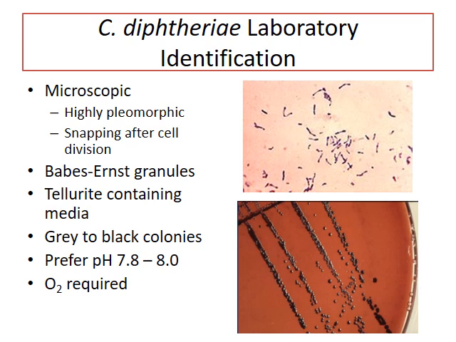It tends to jump farther apart. Some of the things that you're going to see are the Babes-Ernst granules, which are highly staining. They're not spores, but it tends to look a little bit like a spore at the end, okay? And you still get the palisading where they line up, just not as visible in this particular field, but you start to see some of the palisading. That definitely still occurs. It is still Corynebacterium, okay?